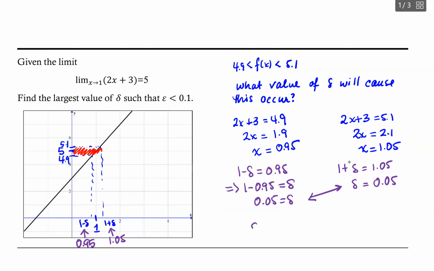So we end up saying that if delta is less than 0.05, then our function 2x plus 3 will lie between 5 plus 0.1 and 5 minus 0.1.